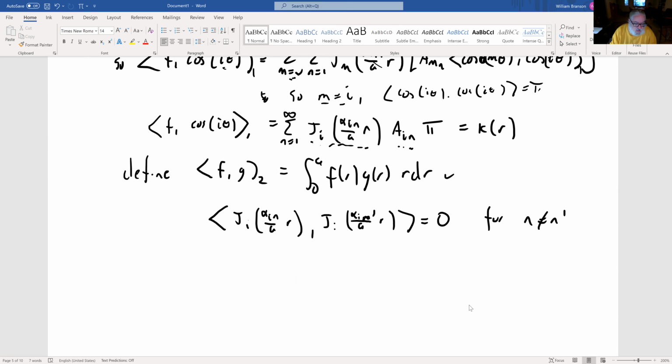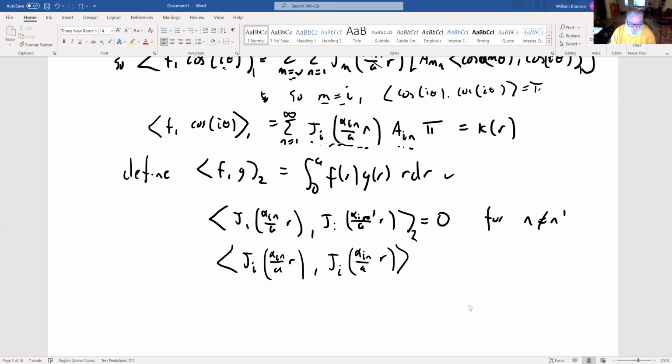If we actually have the same root, alpha I n over a r, that turns out to be a squared.